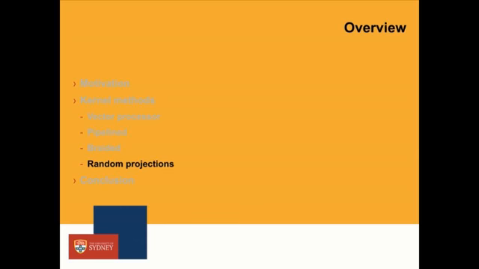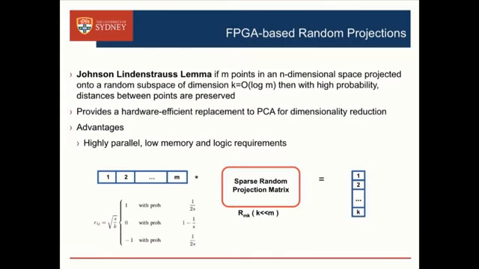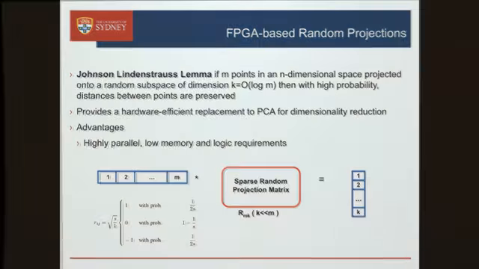Just one other thing that we haven't published yet, but we're quite excited about, and that's random projections. There's the Johnson-Lindenstrauss lemma, and, well, maybe I should take a step back and say in machine learning, one common step is that you apply something like principal component analysis to reduce the dimensionality of your input data.